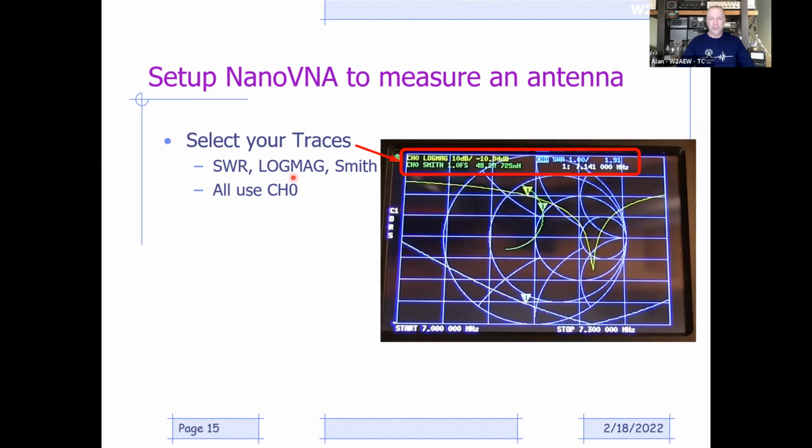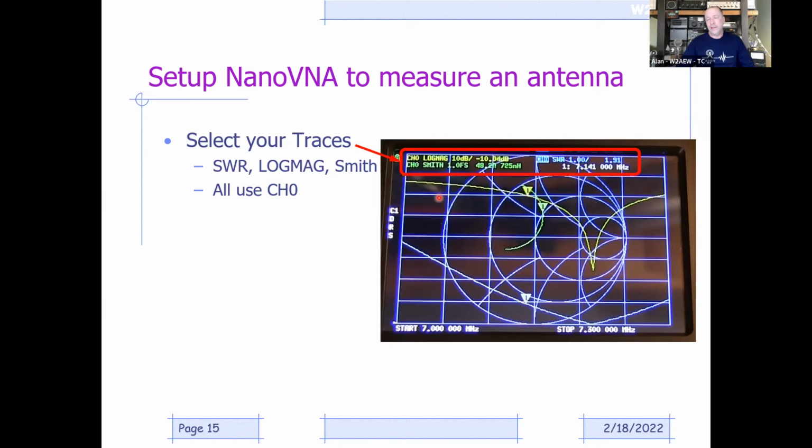I also like putting up the log magnitude on the NanoVNA. They just call it log mag, but it's really the log magnitude measured on channel 0, which is the S11. We could do S parameters, a whole other talk on that, but it's really just the reflection coefficient. So it's the log magnitude of the reflection coefficient. That's the yellow trace, this one right here.